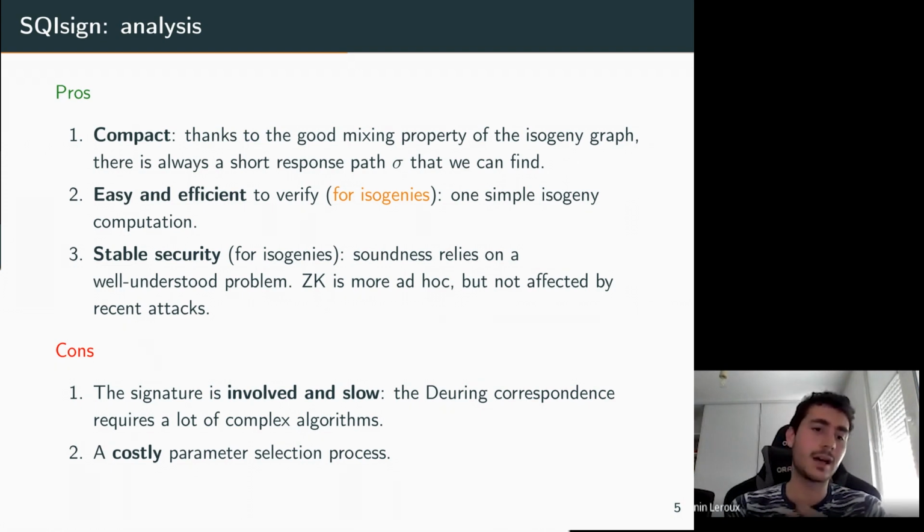I'd also mention that to make the scheme as efficient as possible, we need to fine-tune the parameters very much, and in fact, it requires some extensive computation. So this is not completely trivial either. But it has to be done only once, so this is not a huge problem.